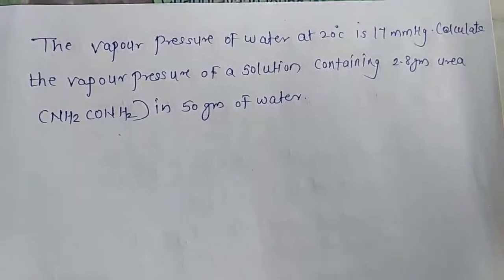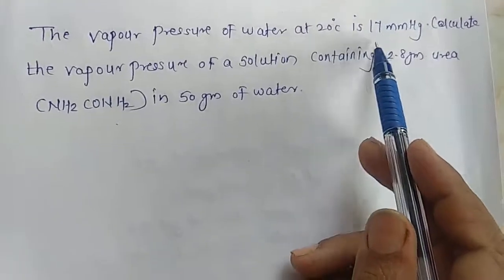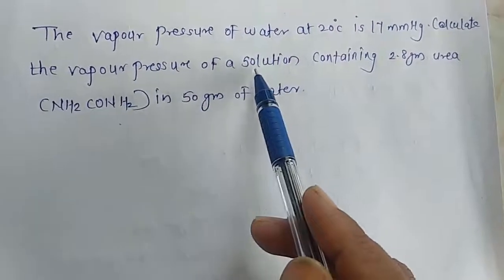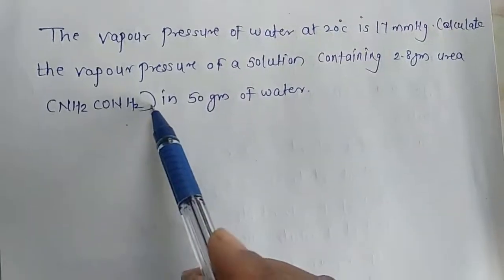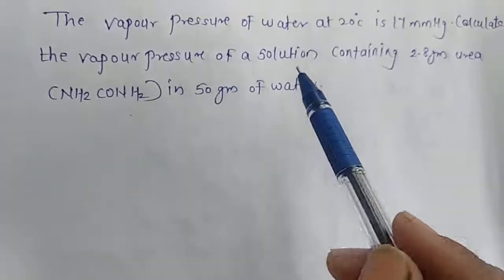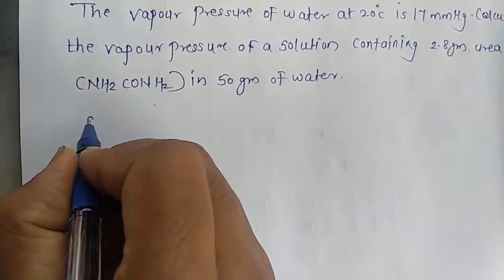The vapor pressure of water at 20 degrees Celsius is 17 mmHg. Calculate the vapor pressure of a solution containing 2.8 gram urea, whose molecular formula is NH2CONH2, in 50 gram of water. So let's start the solution for this problem.